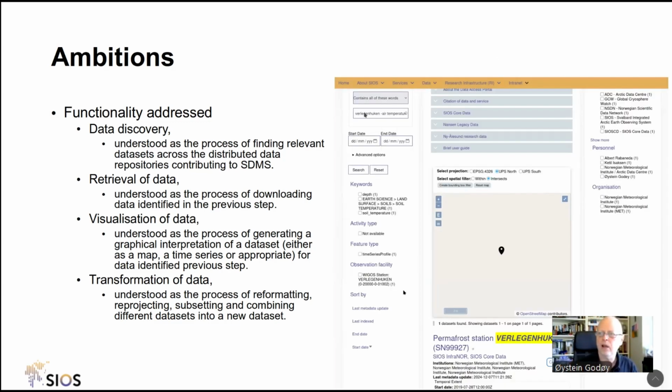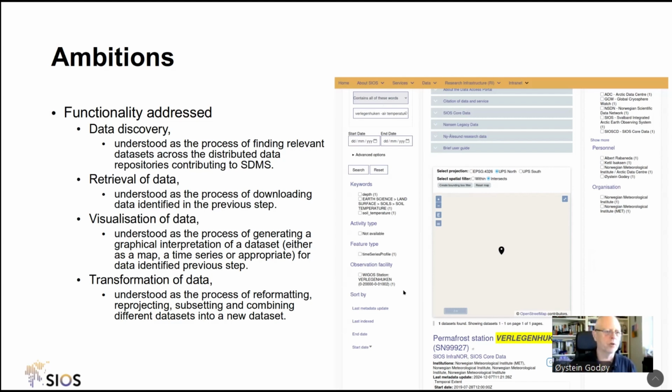Again, going back up to the full text search, we originally wrote here three words, Verlegenhuken, air, and temperature, and all of those three words should be present in the data set to be shown. You can also change this to any of these three words.